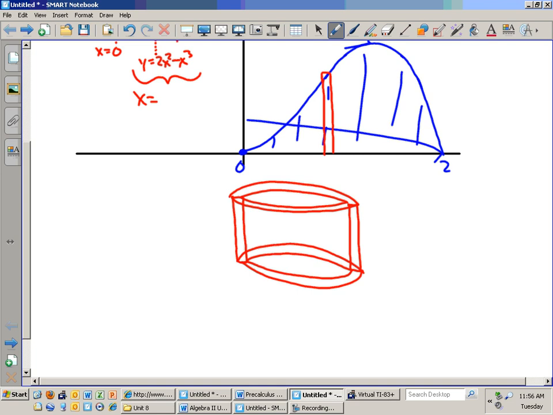Does everybody see that if I were to cut that rectangle, that's the shape that I would get as I revolve it around? That is my cylinder. And so what I want to do is take that rectangle, which produces that cylinder, and integrate that all the way from 0 to 2. So if I could simply find the area of the label as I unwrap this cylinder, or the volume of this piece here, then we could integrate it properly. And so that's where we're headed now. Once we can do that, we can set it all up.